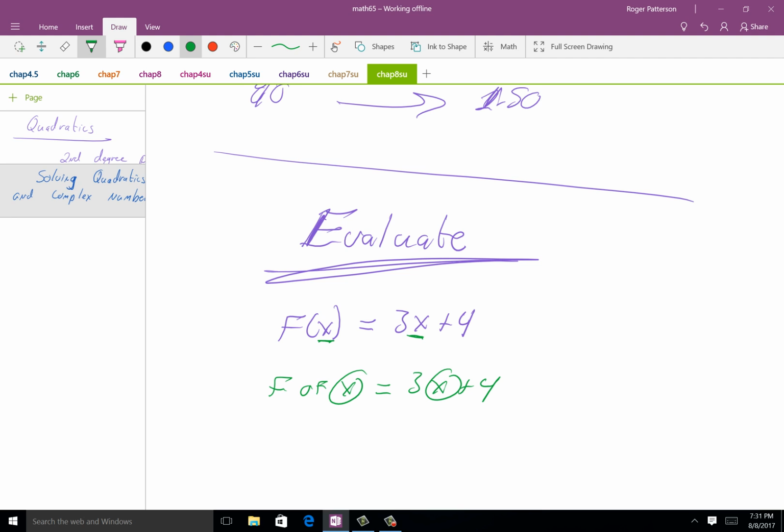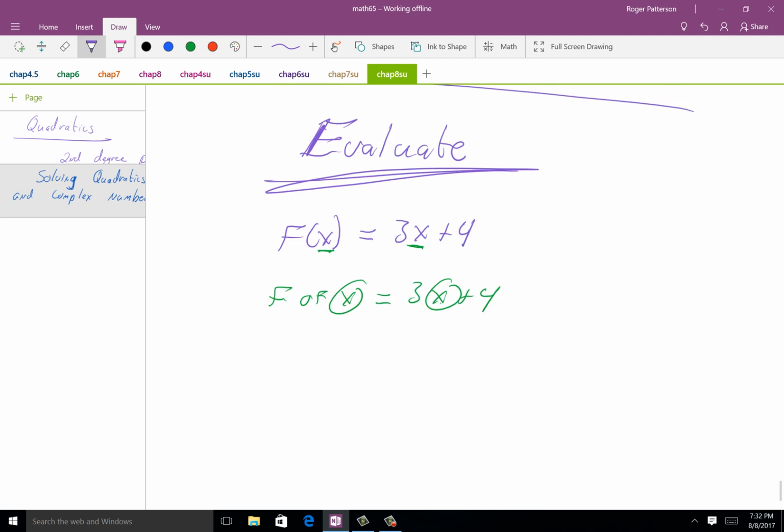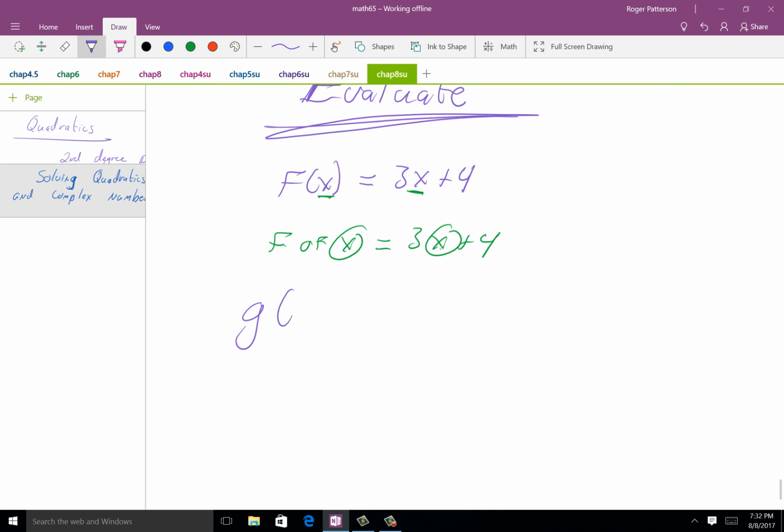Because the function related to that variable X has to be there. So you couldn't have F of X equals 3Y. It wouldn't make any sense. The variables have to be the same. You could have functions called G of X equals, and then whatever the formula is.